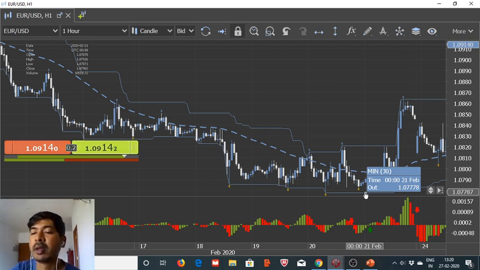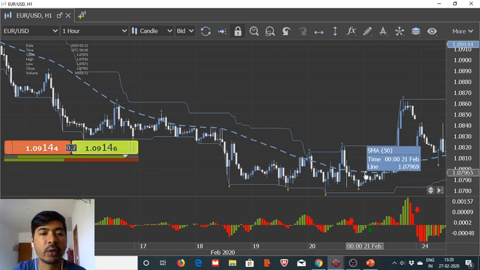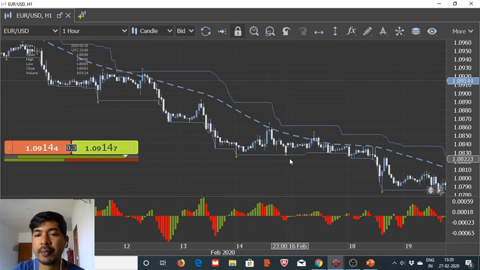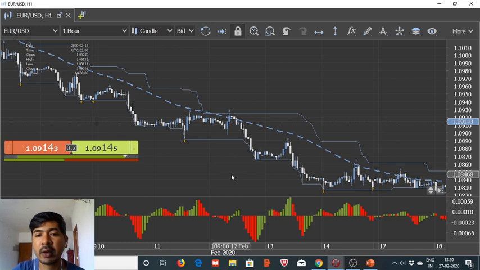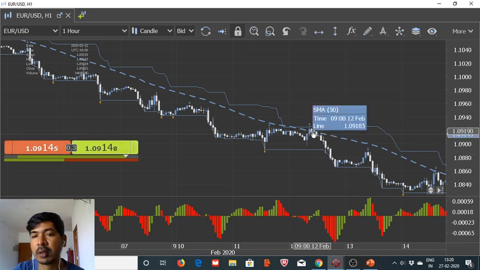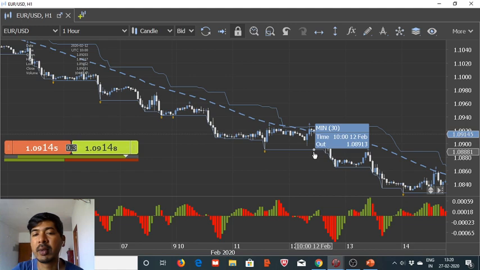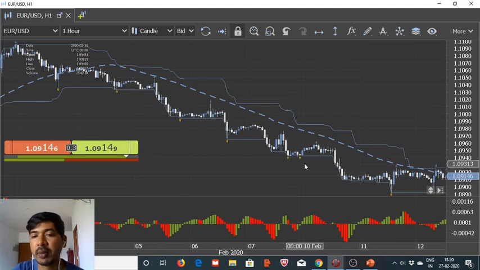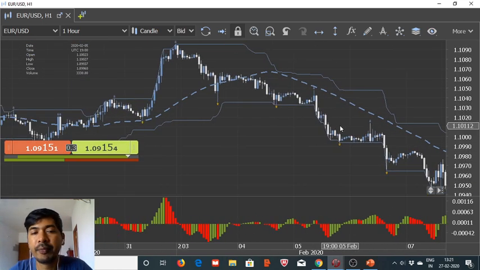So in a similar scenario the trade is not going to happen. Only when there is the 30 pips deviation between the SMA and the minima, only when that condition is fulfilled will the trades be executed by our algorithm.